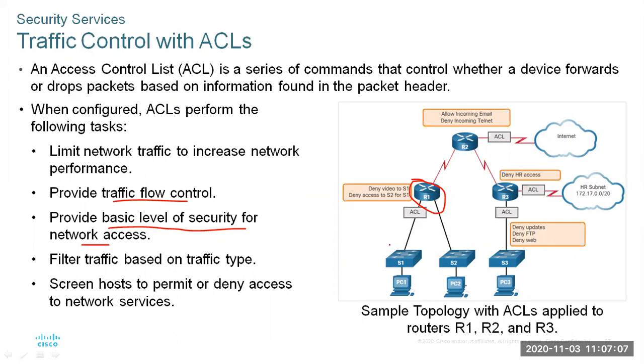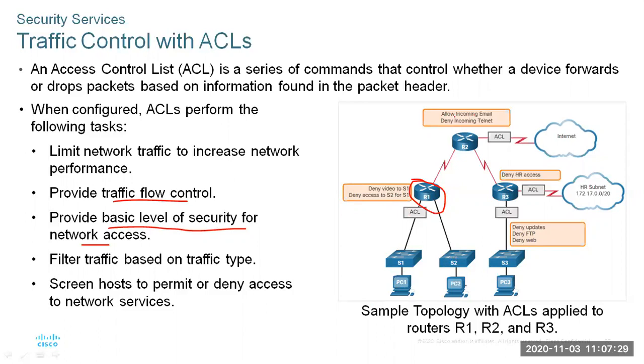What we are saying is that if somebody here wants to run video, you can deny video access, and you can deny traffic from here from entering switch 2. That is an access list.